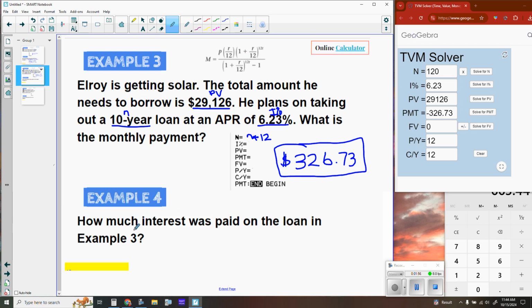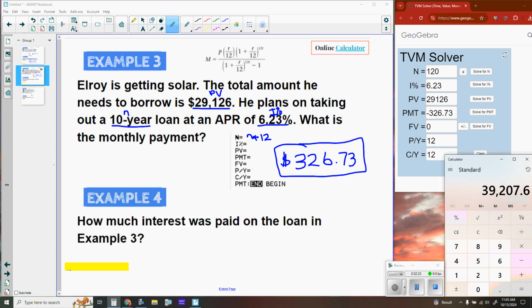Example 4, how much interest was paid on the loan in example 3. So I need to exit out of our finance app, so second mode, and go to just our calculator. I need to enter in the monthly payment, $326.73, and I need to multiply it by how many payments we're making, which is 120.